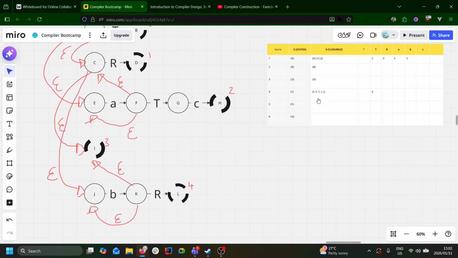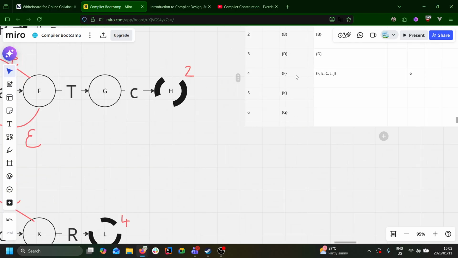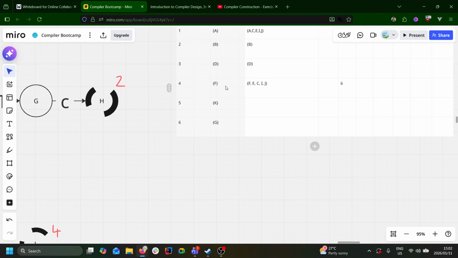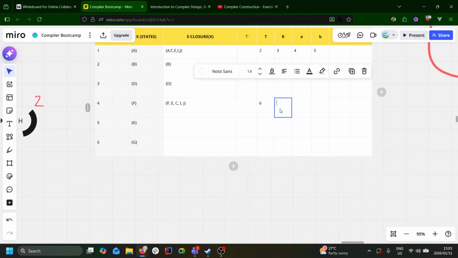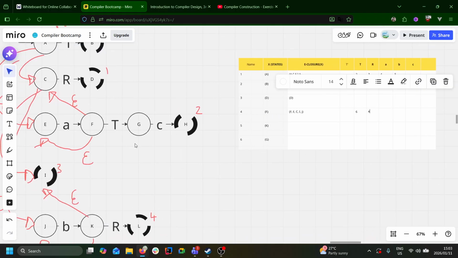A takes us to F. So from E, we have E here, and E takes us to F using the transition A, right? So we don't have to add another row for F in this case because F is already here. We already have it. So what we do here is just write F for that.